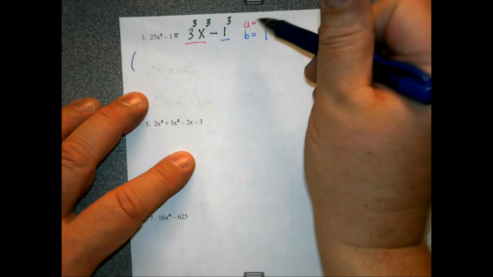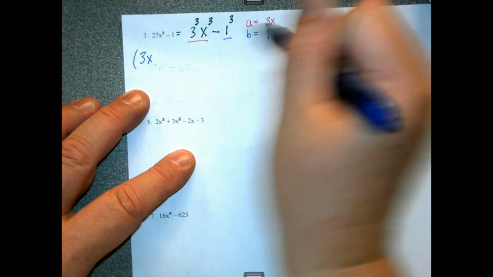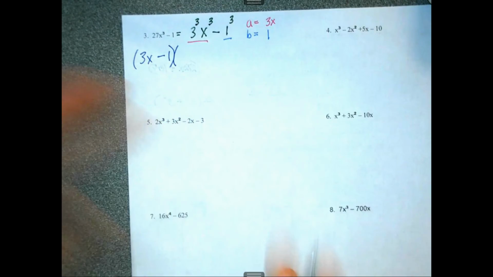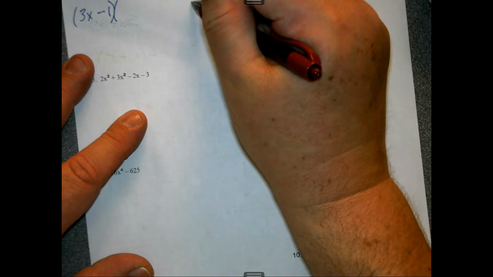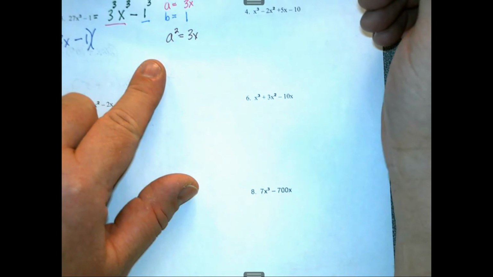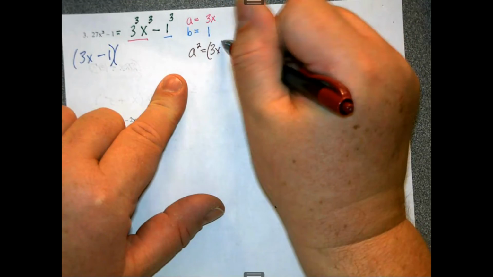So I have a 3x minus b, and then we have a squared. Now we got to be careful here. A squared. So my a is 3x. Do you see it now? Yeah. Okay. So I have 3x squared.